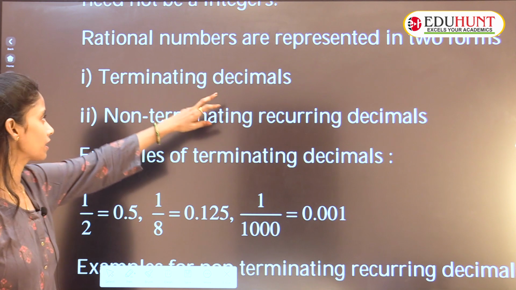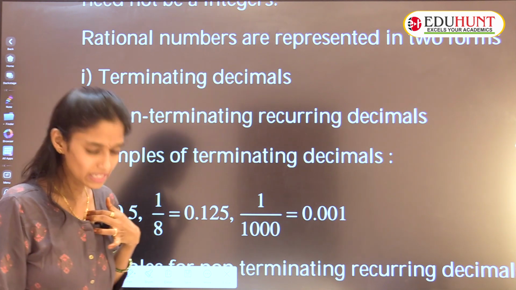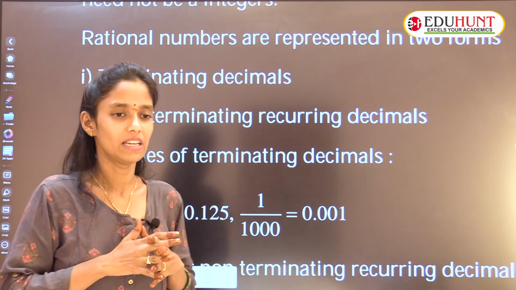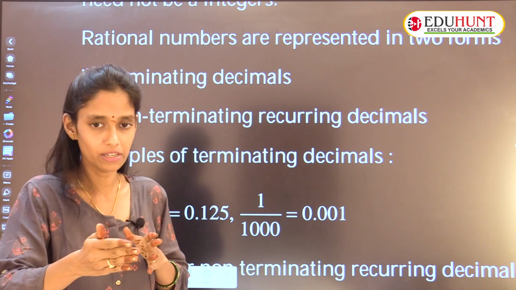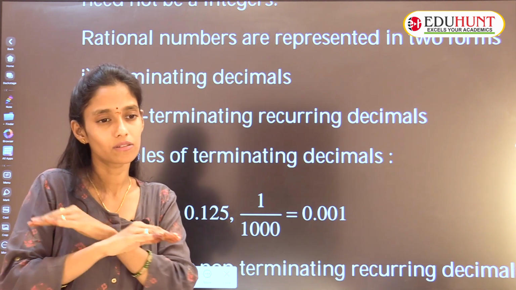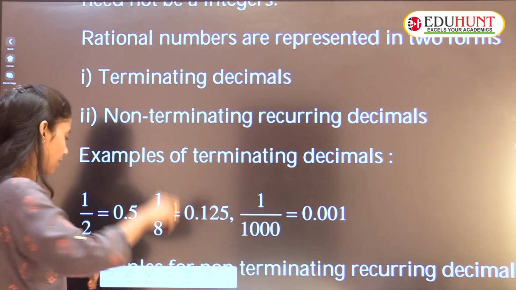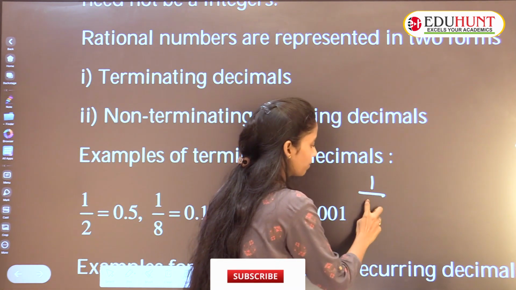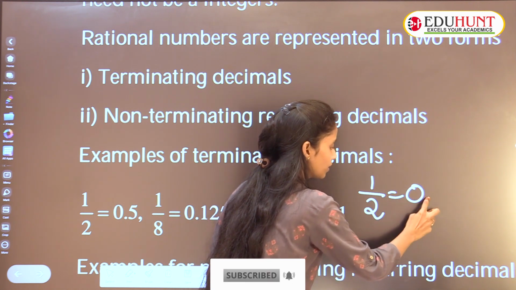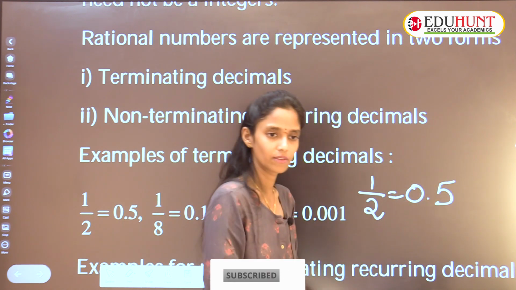Now, coming to terminating and non-terminating decimals. Terminating is nothing but after the decimal point the digits should close. These concepts I am going to cover with one example. Guys, 1 by 2, which we just did by division, is 0.5.